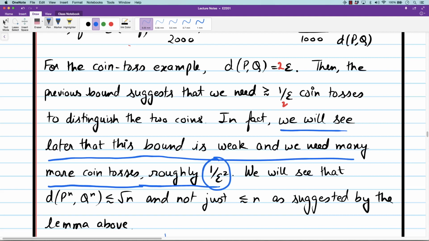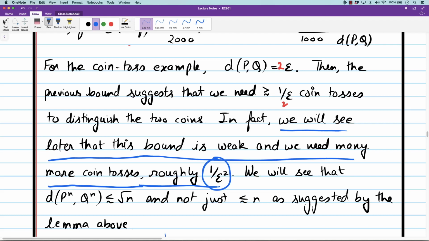I hope I have conveyed some concrete version of hypothesis testing problems to you, and through these examples, tried to bring out the information theoretic flavor of this problem. In this last coin toss problem, what we tried to understand is how much information is revealed by each coin toss. Now, this is a loose statement. What we have understood is that the Bayesian probability of error under uniform prior is directly related to the total variation distance for binary hypothesis testing.